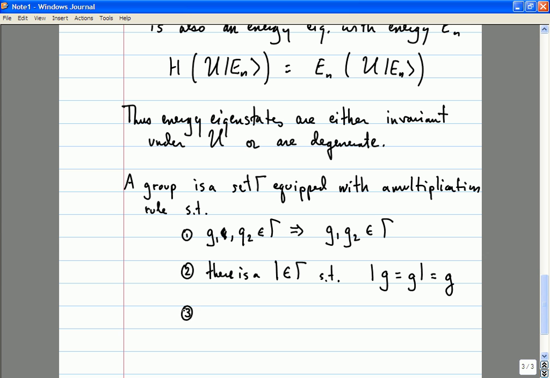And third, for each element of your group, there is an inverse such that g times g inverse is g inverse times g is that identity element.